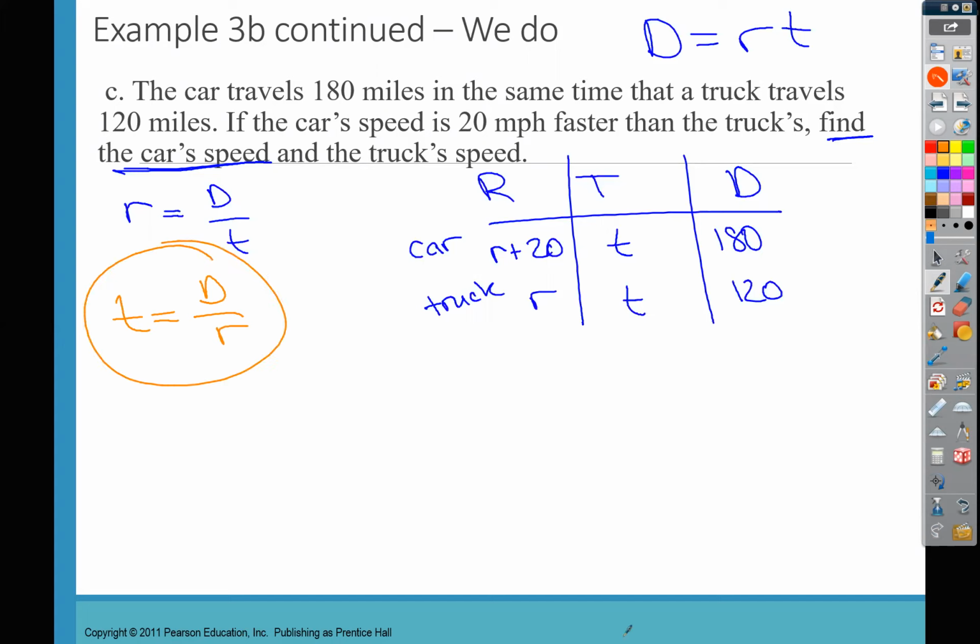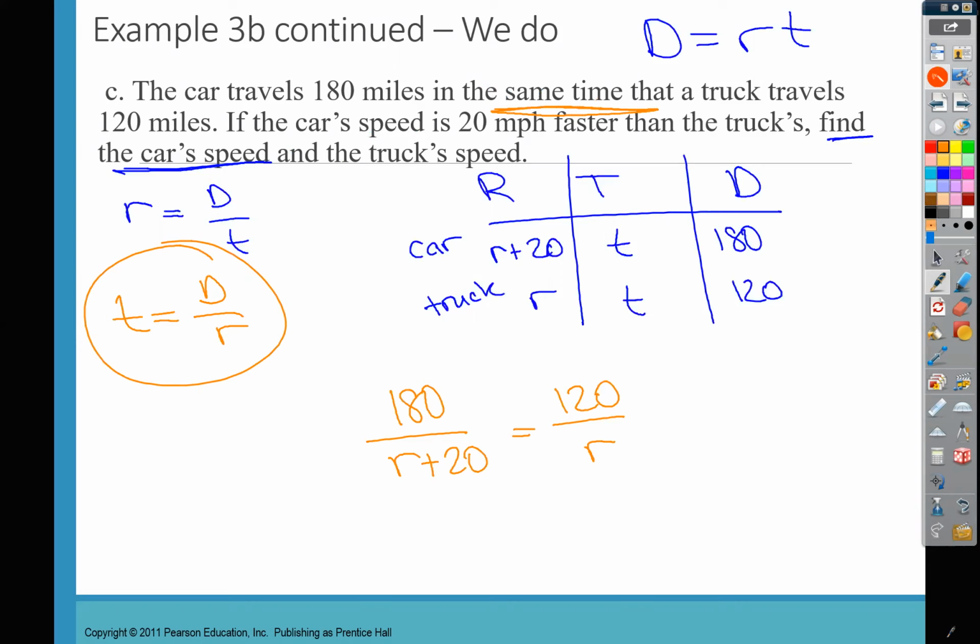So if I say the time of the car, which would be the distance divided by the car's rate, equals the time of the truck, 120 over R. I can set up that formula because they travel in the same time, so time is equal, so that's what you want to isolate, okay?